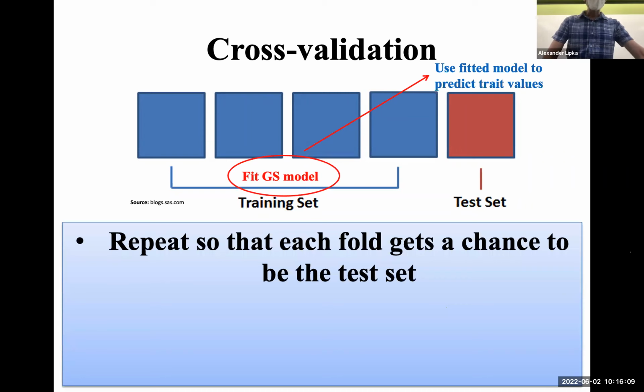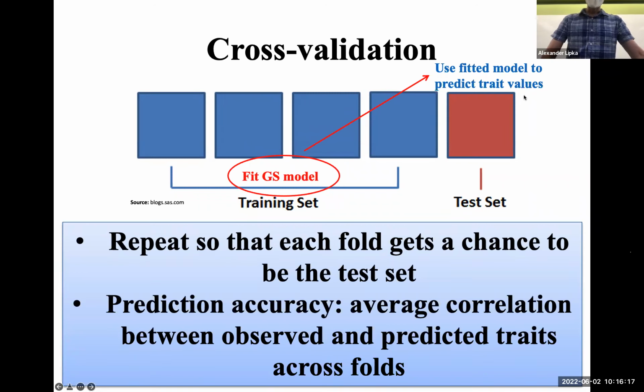We repeat this so that each fold gets a chance to be a red square, that is, a test set. Then the prediction accuracy is the average correlation between observed and predicted trait values across the folds. When I show genomic selection results, I'm going to show them with respect to cross-validation. And I think when Professor Diego Jarquin talks at 1 p.m., he might show more elaborate cross-validation procedures for G by E-based genomic selection.